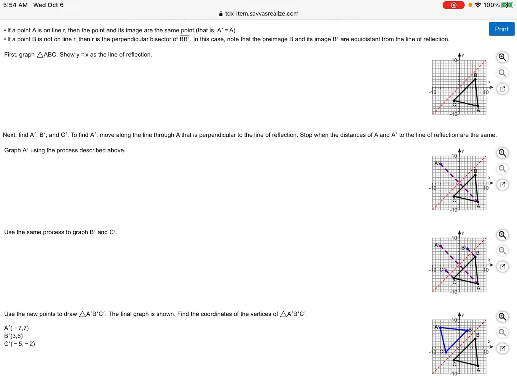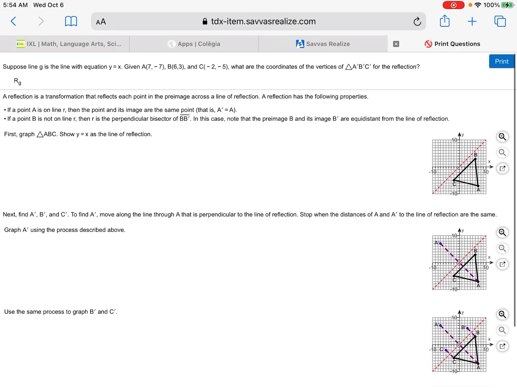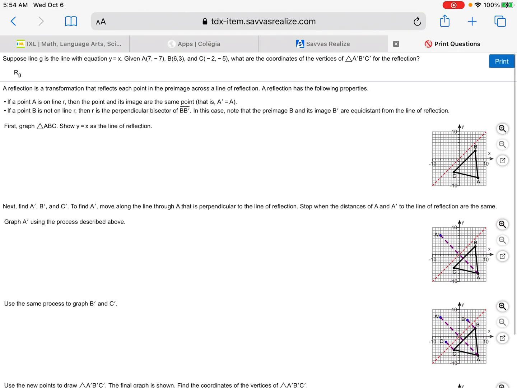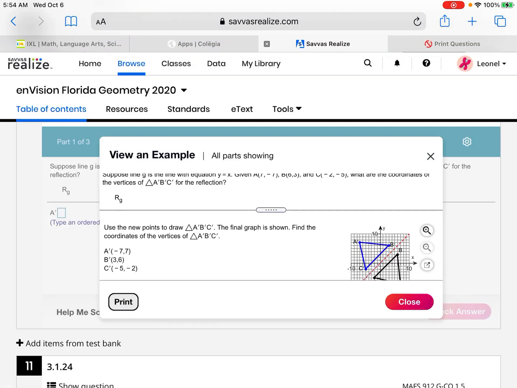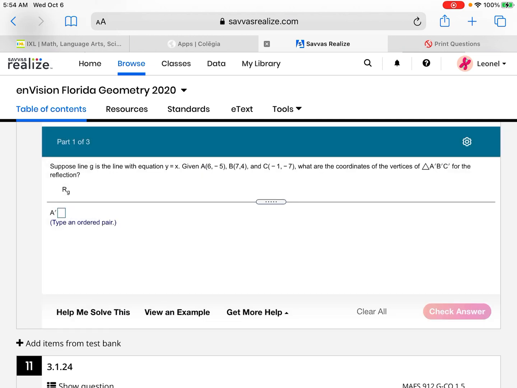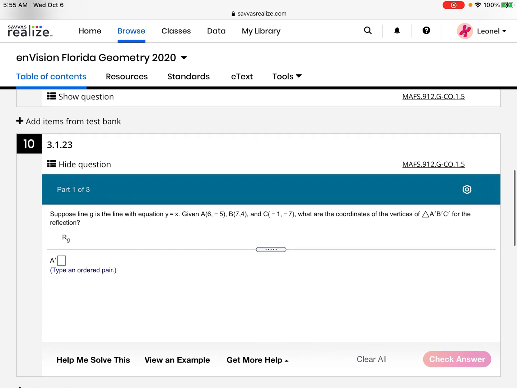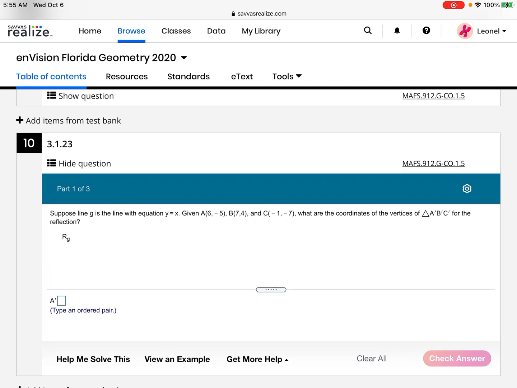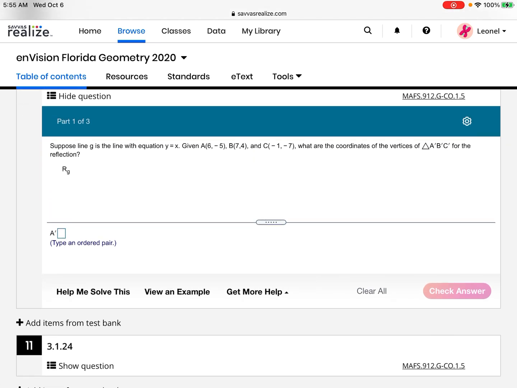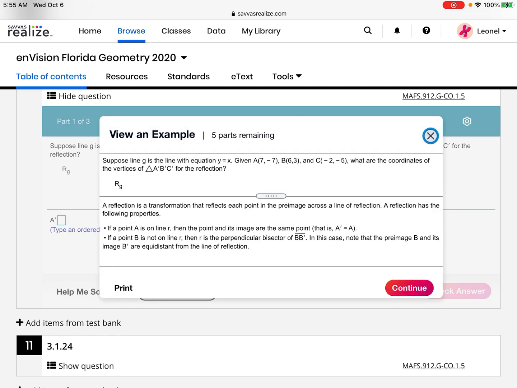Oh, wait, here we go. Use the new points to draw a triangle A prime B prime C prime. Oh, yeah, that's just the final graph. I don't know why it said it had 3 parts. So let's go back and check. Help me solve this. View an example. Maybe there's a difference.